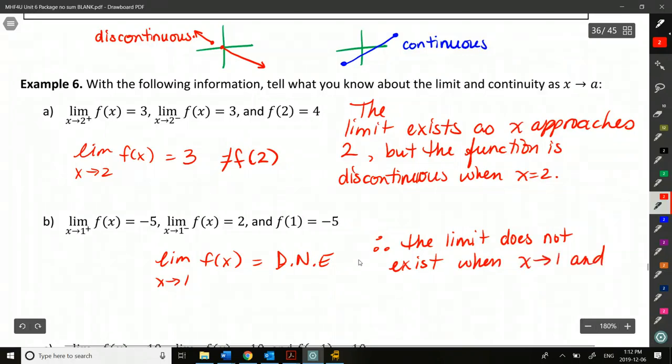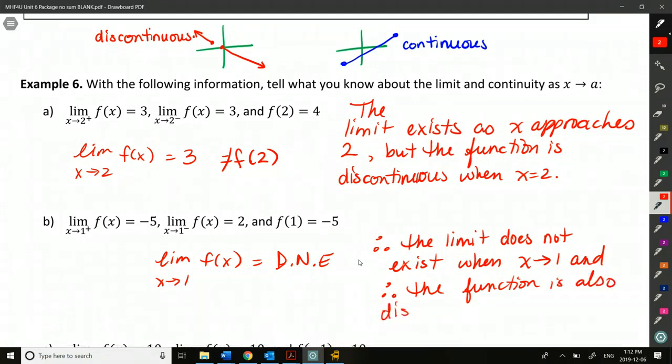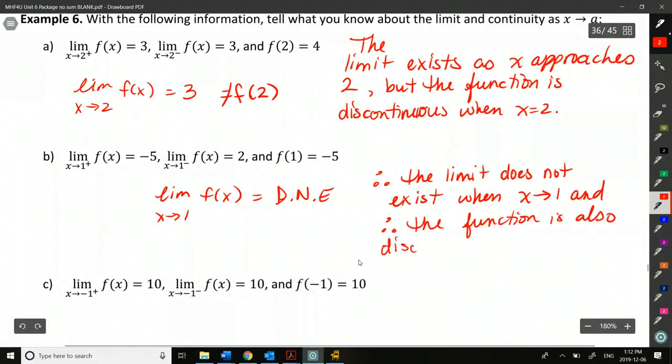And therefore, the function is also discontinuous at x equals 1. So as soon as the limit doesn't exist, the function's discontinuous as well. Just at that point, though.